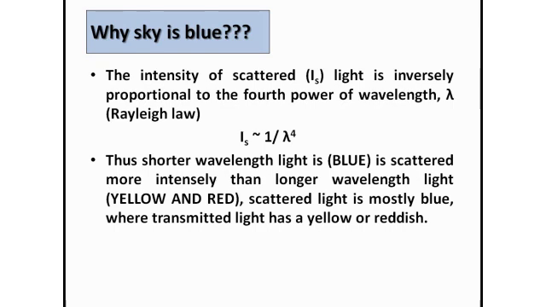So the scattered light is mostly blue, whereas the transmitted light has a yellow or reddish color. I repeat, due to the shorter wavelength of the blue color, the scattered light from the sky is always blue, whereas the transmitted light is either yellow or reddish.